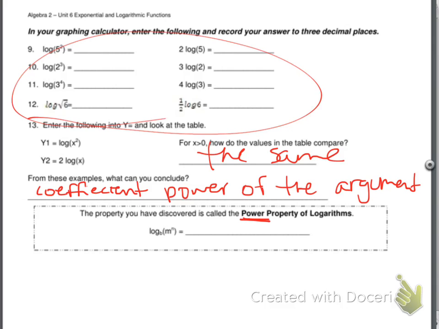So n log base b of m equals log base b of m to the n. So this exponent moves to become the coefficient, or the coefficient moves to become the exponent. Either way is the same idea.